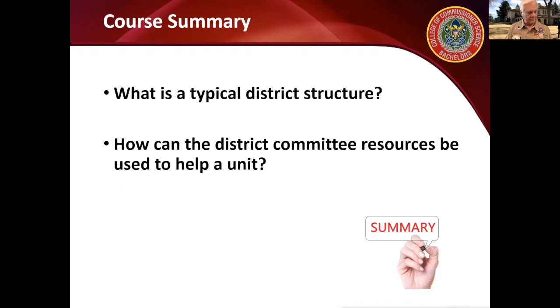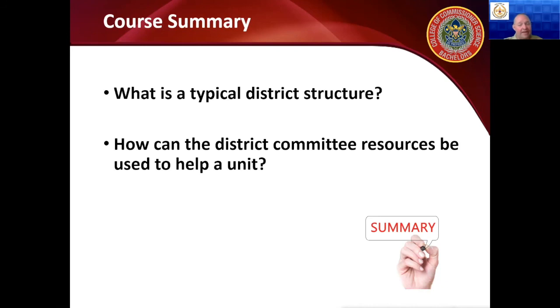Membership. Camping and outdoor programs. Training. Activities and civic service is the other one. It ties close into camping and our program, the camping and outdoor, but it is also there.